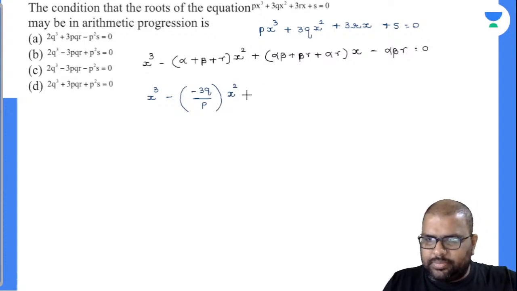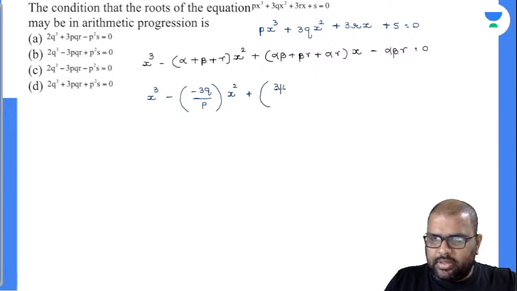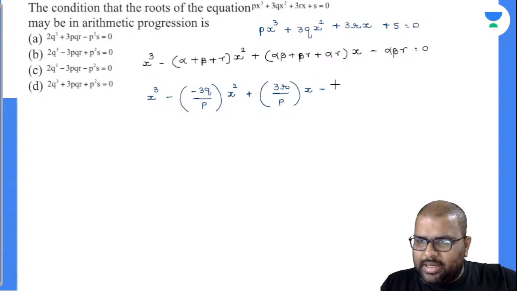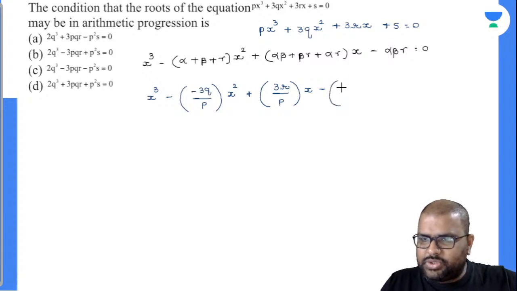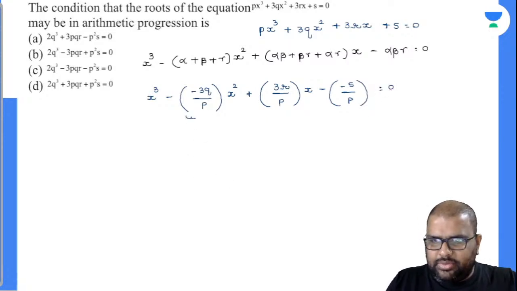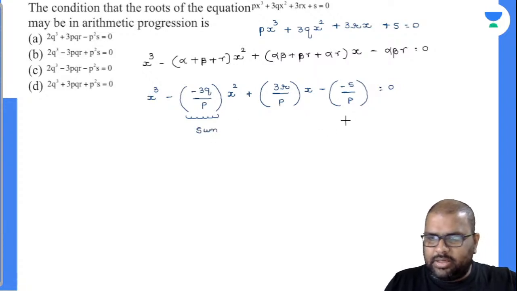Now here this is also plus, so no need to worry. So I can write this as 3r by p into x. Minus, now closely observe, this is plus s, so automatically my product of roots has to be minus s by p, then only it will work out. Am I right or wrong? Then only the whole value will become positive, is equal to 0. Now closely, this is the sum of roots, and this is nothing but the product of roots.